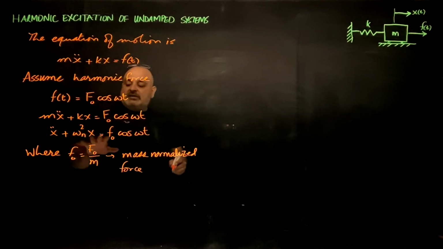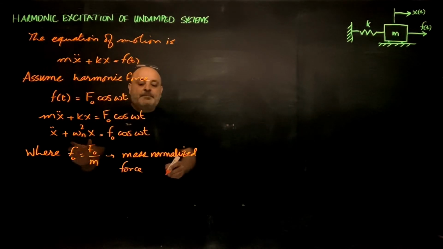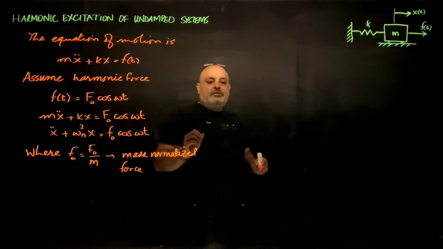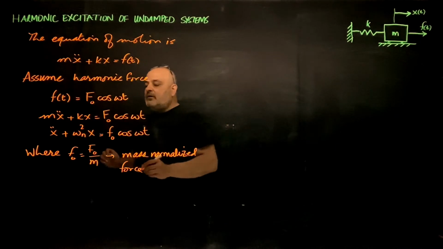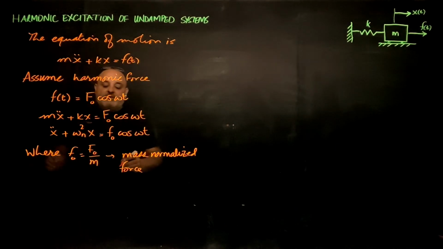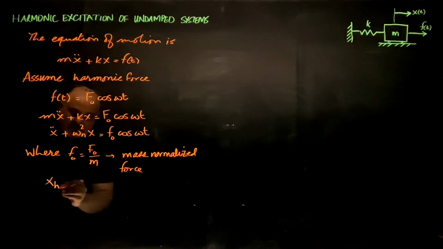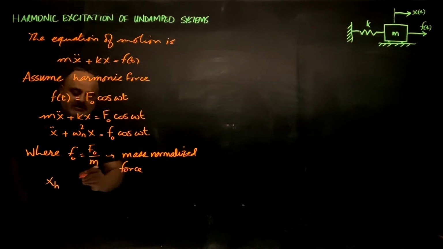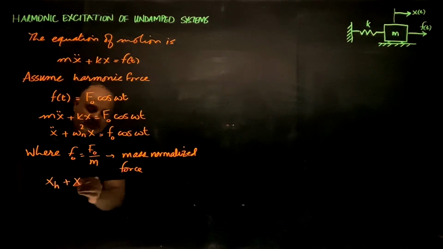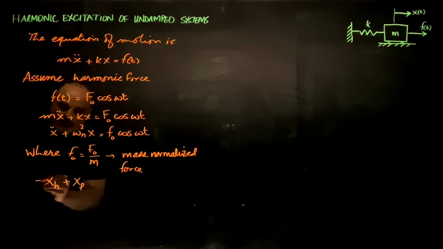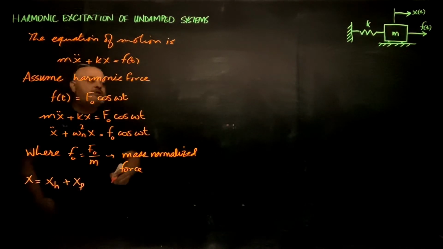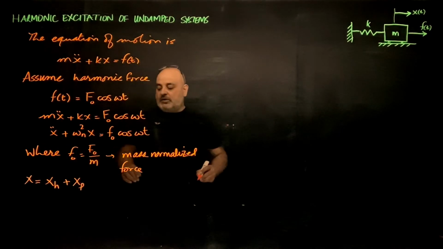Now, this is a non-homogeneous linear differential equation. It has two parts for its solution. We have a homogeneous solution, x homogeneous, and we have a particular solution that will constitute the total solution of this differential equation.